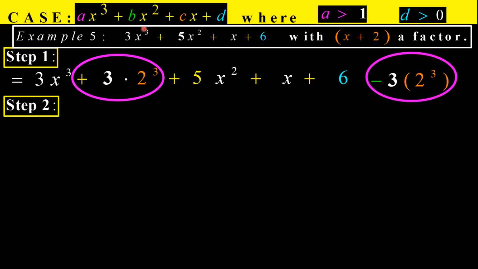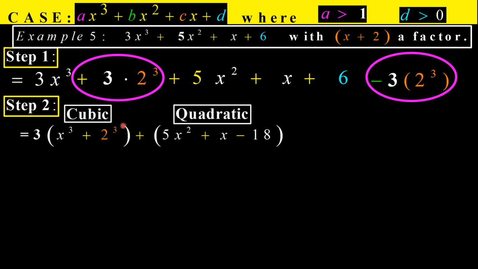Now let's look at the cubic part here. There's a 3 and a 3, I take out the common factor. There's pluses, so I can just get 5x squared plus x, and 6 subtract 24 gives me negative 18. Okay, now let's factorize the cubic part.